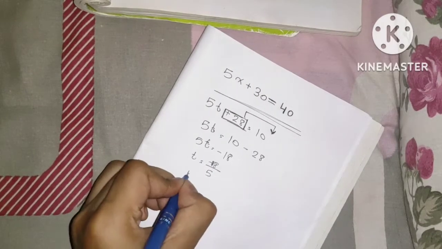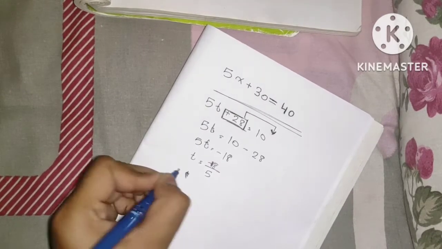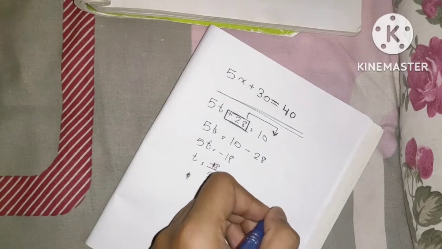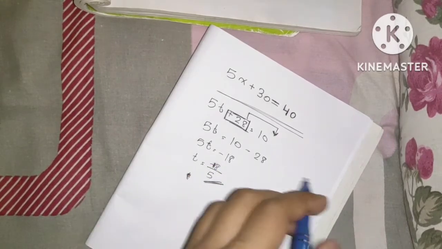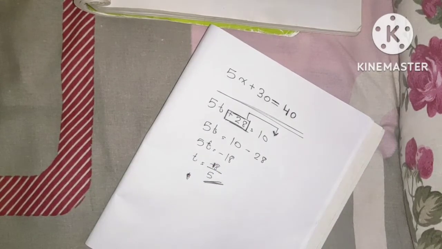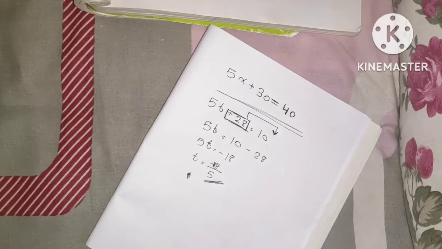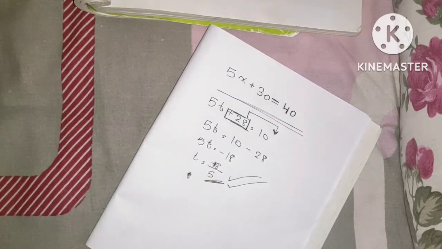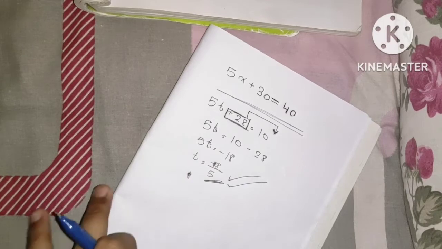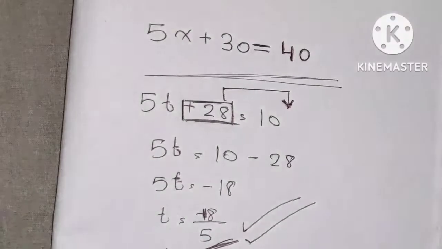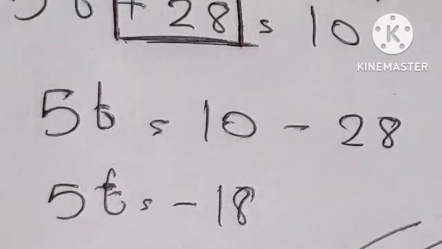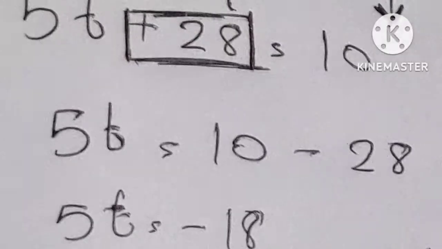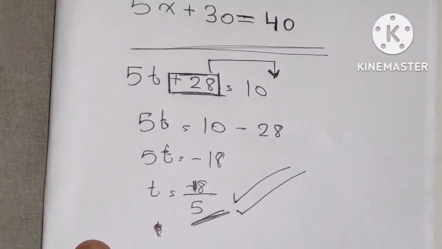Now t, okay, so hold on a second. This is minus 18 by 5, and if we divide it further, the problem is that we'll get a decimal number and it'll take a lot of time. So it's better we stop at this position and you'll still get the marks. Just check the process by which I did it. It's a pretty simple one actually, so just check it out.